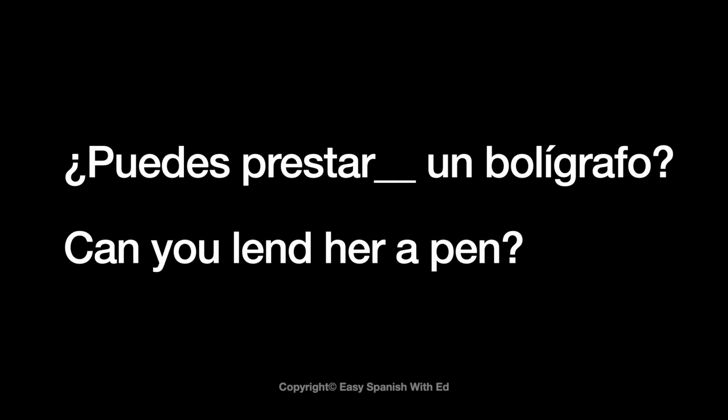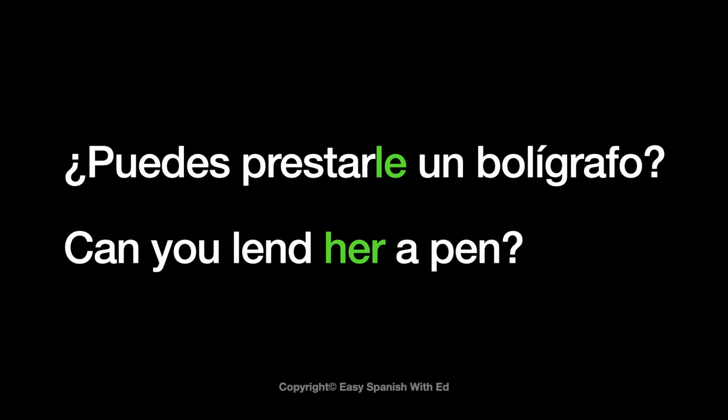Can you lend her a pen? Here we have to use an indirect object pronoun because there's an exchange of something between two or more people. So we use le to represent her.